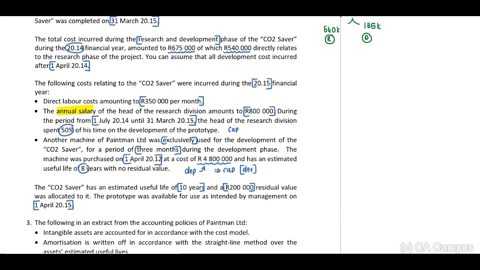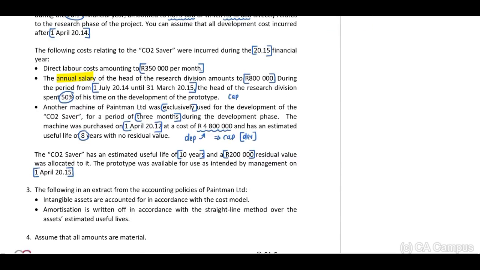The following is an extract from the accounting policies of PaintMan Limited. Intangible assets are accounted for in accordance with a cost model. Amortization is written off in accordance with a straight line method over the assets' estimated useful lives and assume all amounts are material.